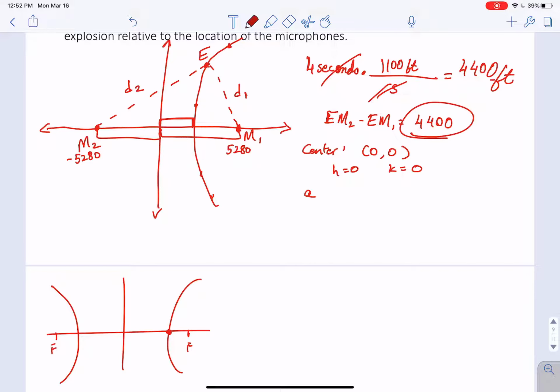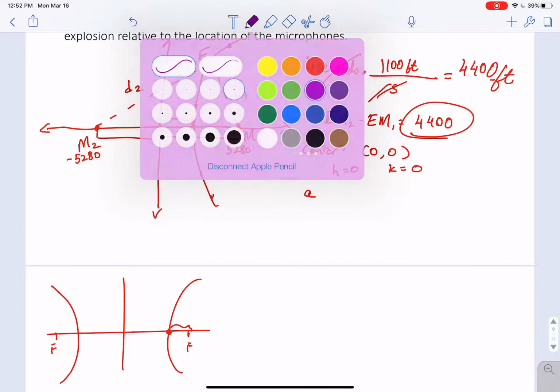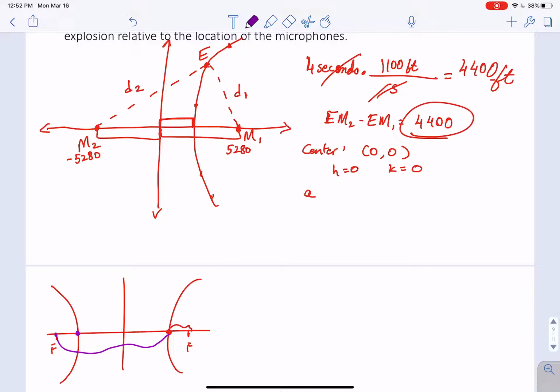If I take this point, the vertex, and measure its distance to that focus, and then I take the other focus and measure its distance. So I'm taking this vertex and looking at the distances. Well, this is 2a, and then this is the remaining bit from vertex to focus on either side.